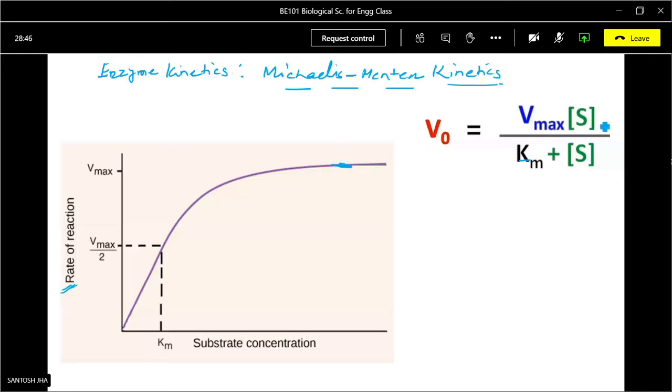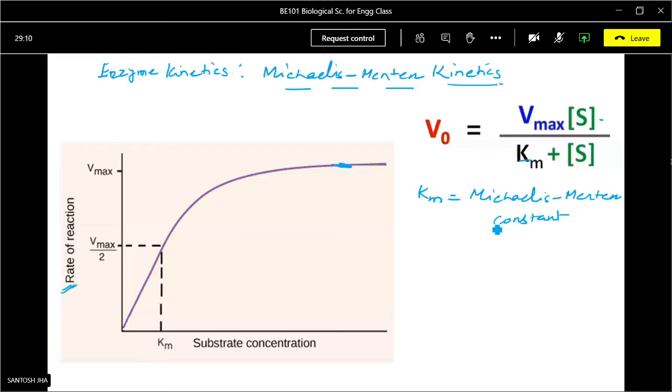S is the substrate concentration, and Km is known as the Michaelis Menten constant.